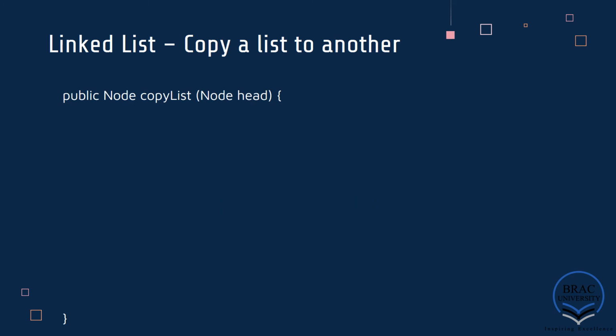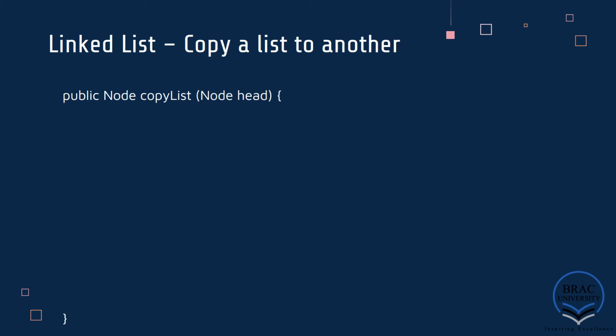Okay, here we have another operation, which is creating a list, or copying a list to another one. Here we have a node as the return type, and we have the node head as the given list of nodes, the linked list that we need to copy. The approach of copying a list is similar to what we did when generating the list from an array.